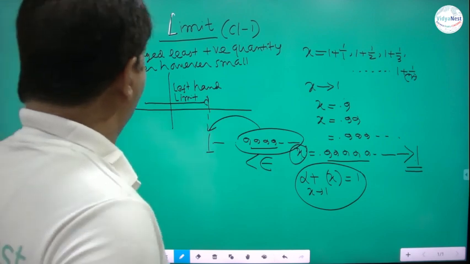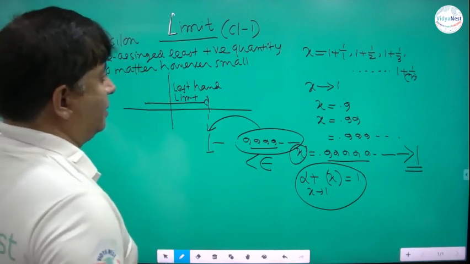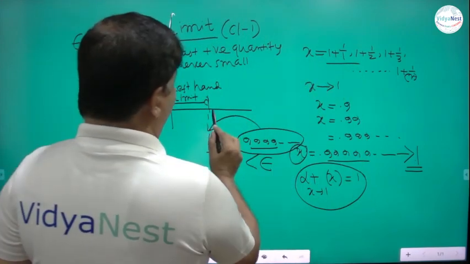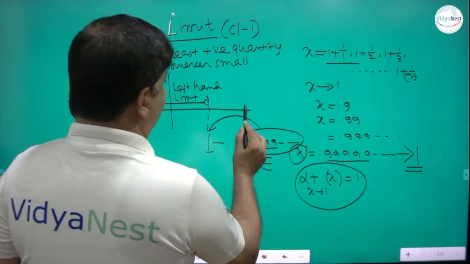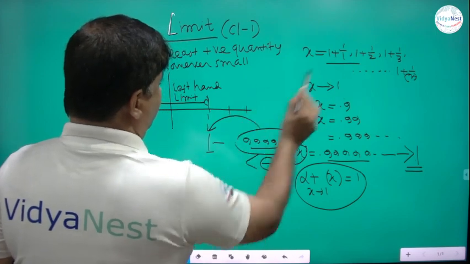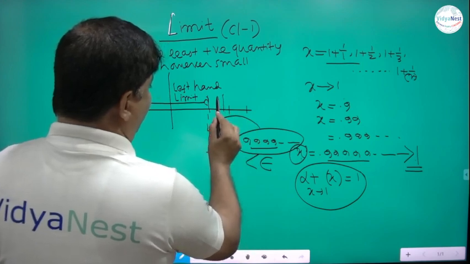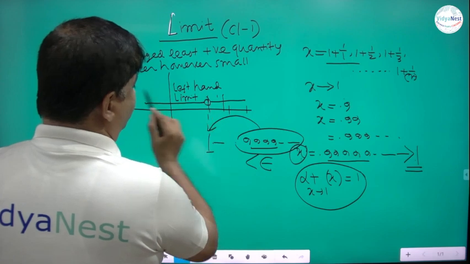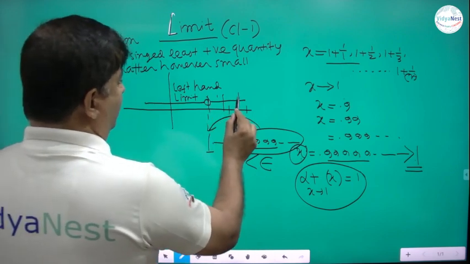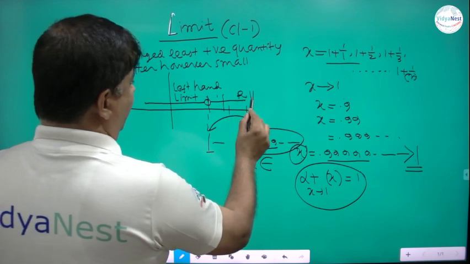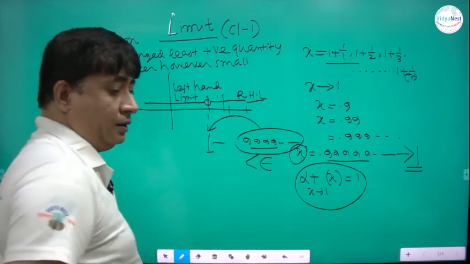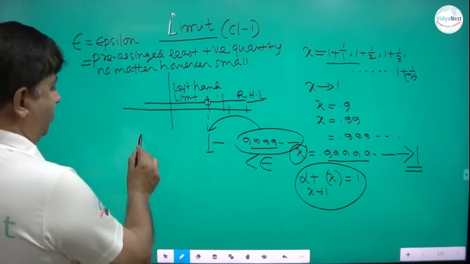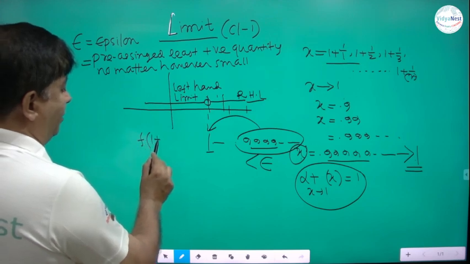Now, this is called left hand limit and that is called right hand limit. Why? Because 1 plus 1, 1 plus half, 1 plus 1/3, gradually the number is decreasing and approaching 1. So this is called right hand limit. Now, if left hand limit is equal to right hand limit, means f 1 plus, means what?